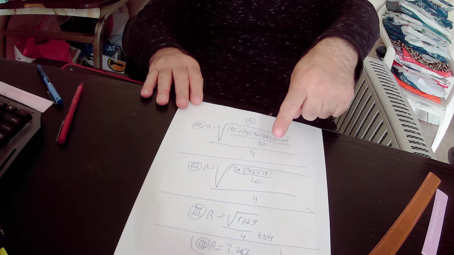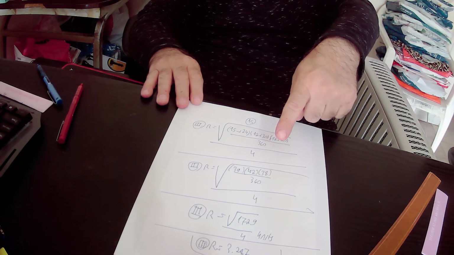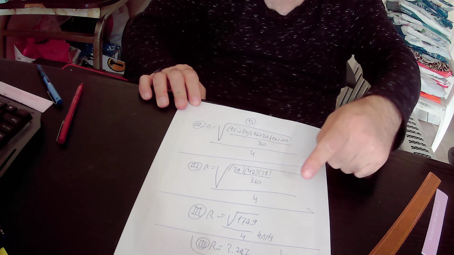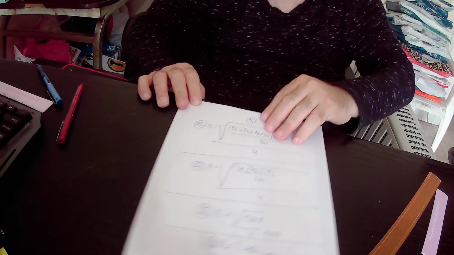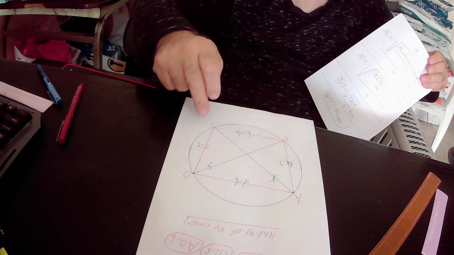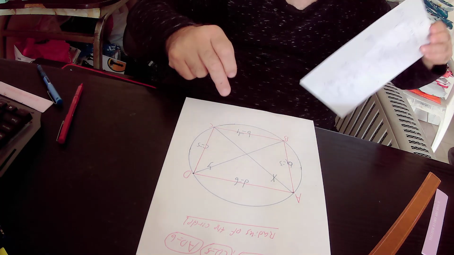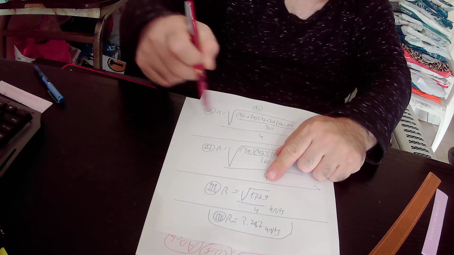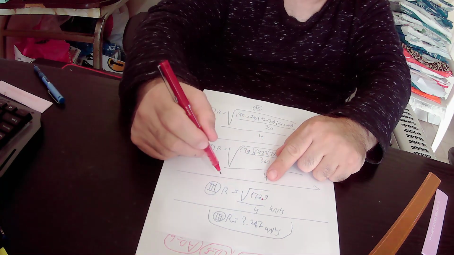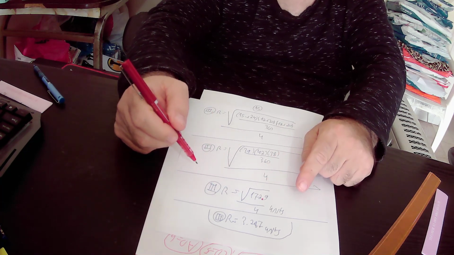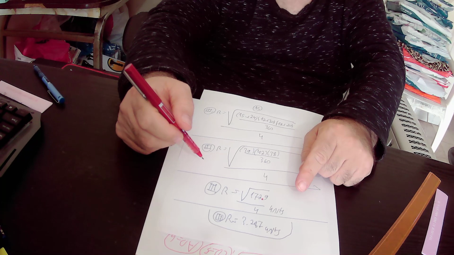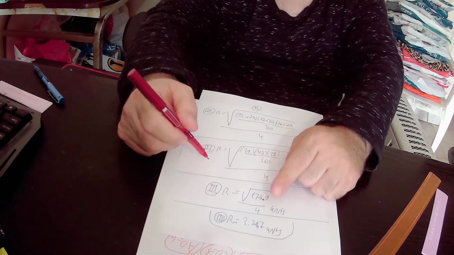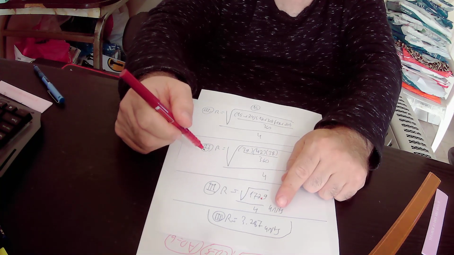And the root of 39 times 42 times 38 over 360 is actually 172.9. So we found out that the radius of this circle that circumscribes quadrilateral ABCD equals the root of 172.9 over 4 units, or the radius can also be represented as R equals 3.287 units.